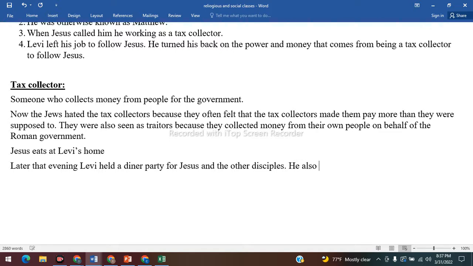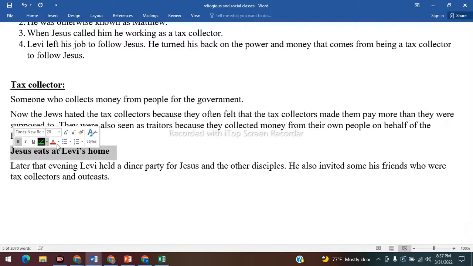He also invited some of his friends who were tax collectors as well and outcasts. Because if you're a tax collector, you're an outcast. You know what I mean by outcast, right? Outcast means that no one wants you.